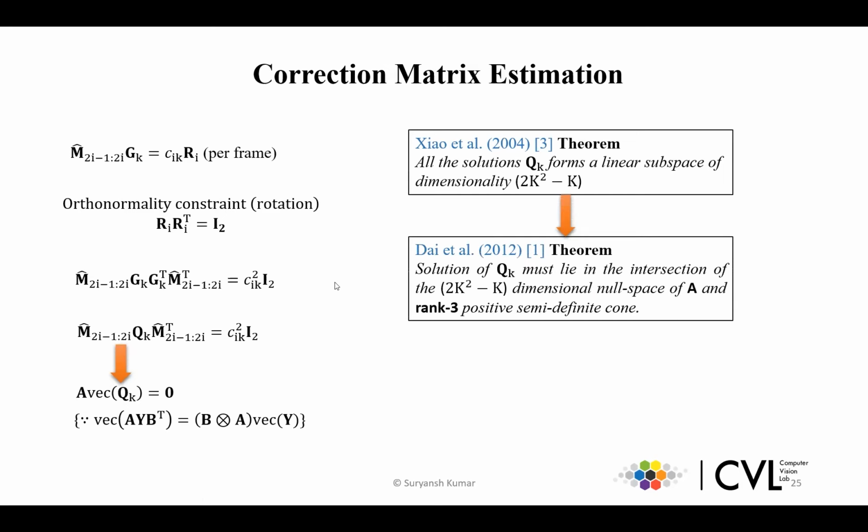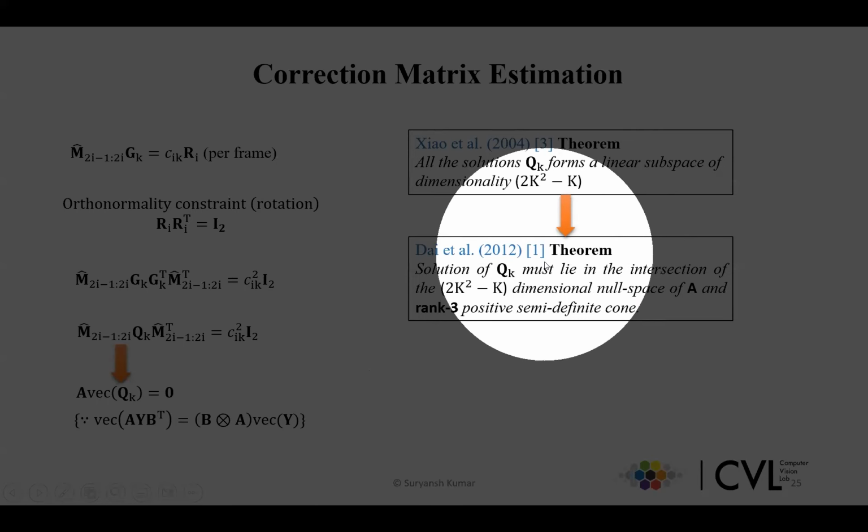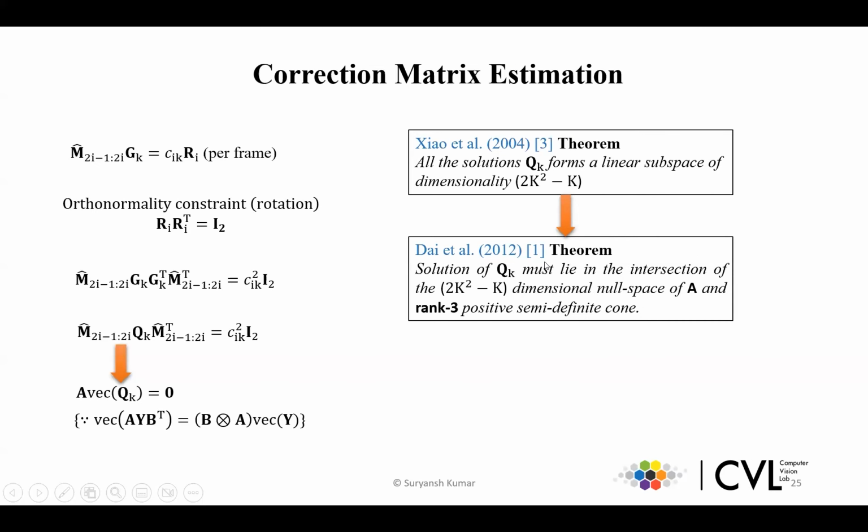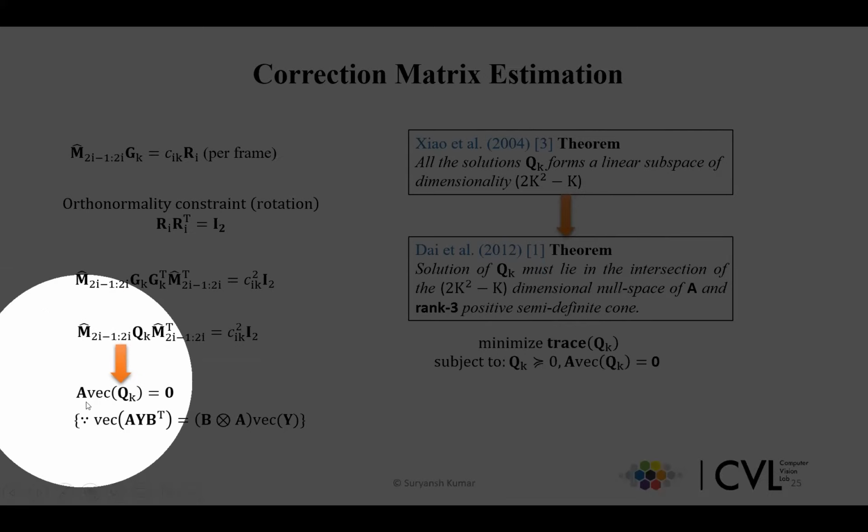And this is the paper developed by Dai in 2012. What they did is, there's one more constraint here. I can put a rank 3 constraint. Okay, fair enough, because it's coming through linear algebra. But we realize that rank minimization is an NP hard problem, exact rank minimization. So you relax it with trace minimization. And these are the constraints coming from here.